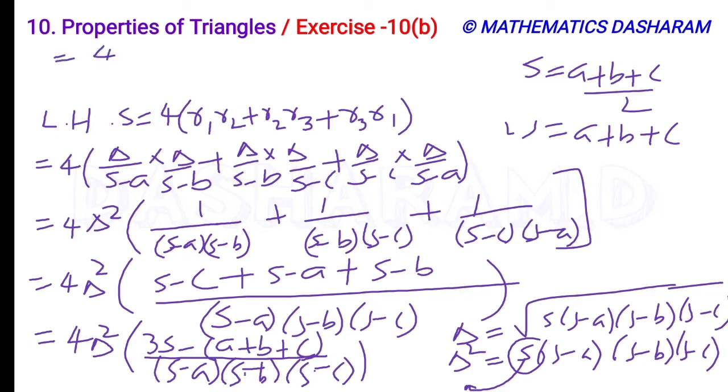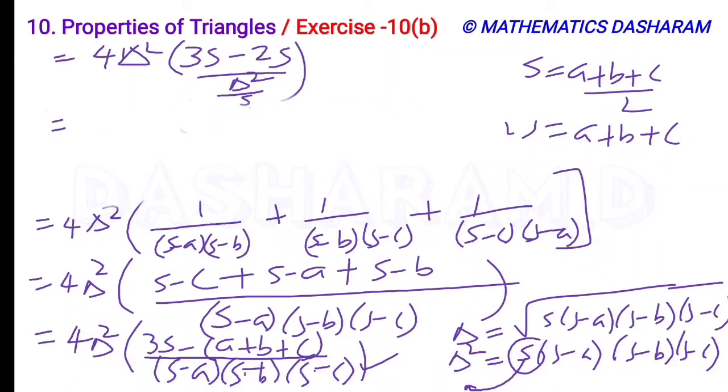So substitute these values. So 4 into delta square bracket of 3S minus, here A plus B plus C is 2S, divided by S minus A into S minus B into S minus C, which is equal to delta square divided by S. So it is equals to 4 into delta square, 3S minus 2S is S, into S by delta square.